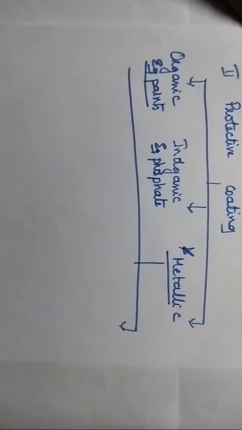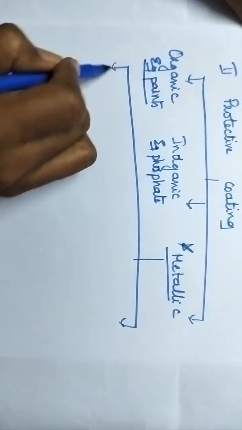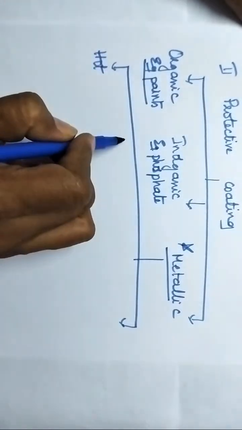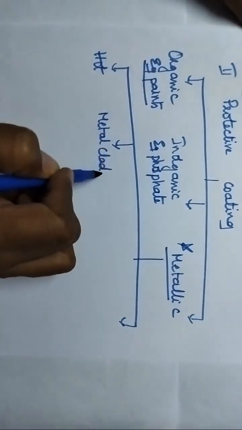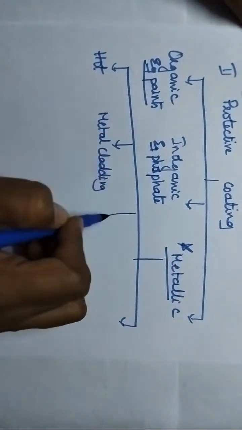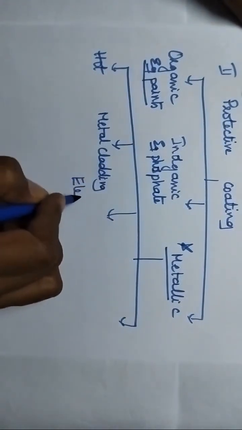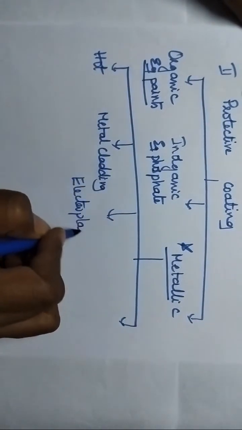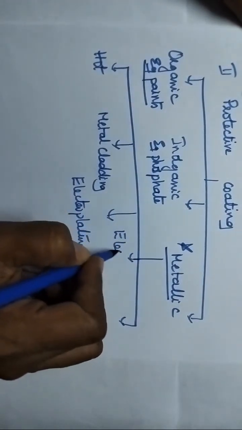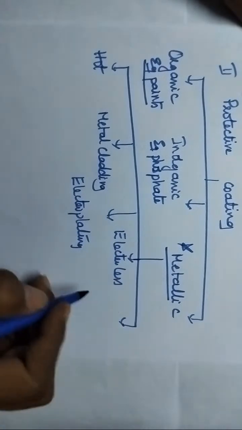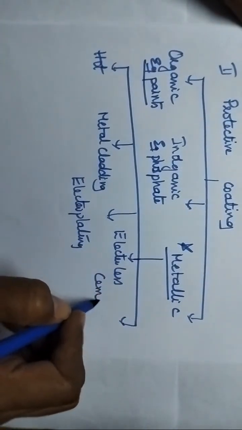And the most important category is metallic coatings, and it is classified into several types. One being the hot dipping method, second one is the metal cladding method, third one is electroplating, electroless plating, and cementation.